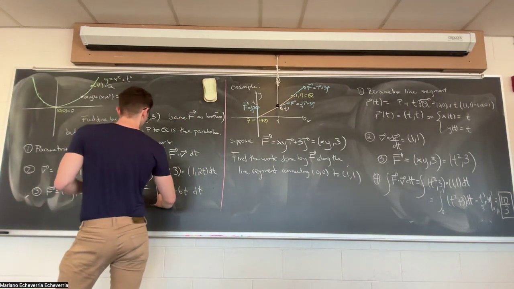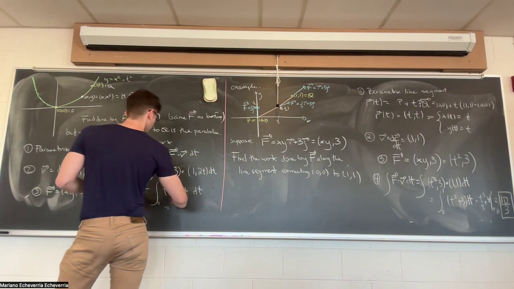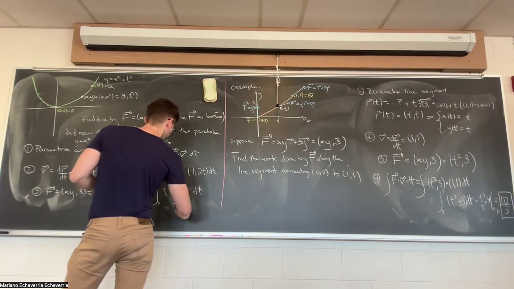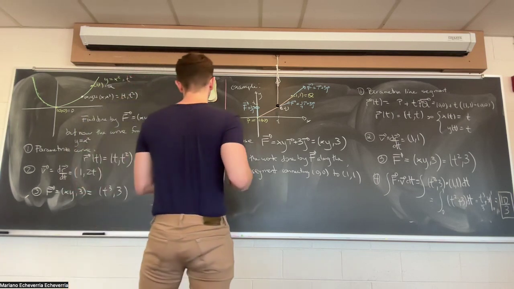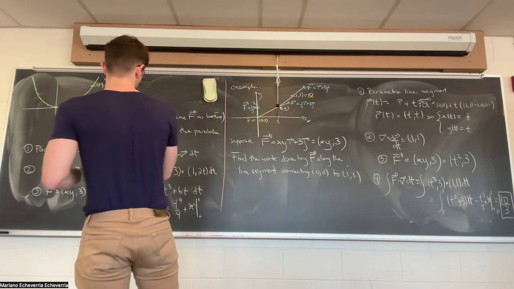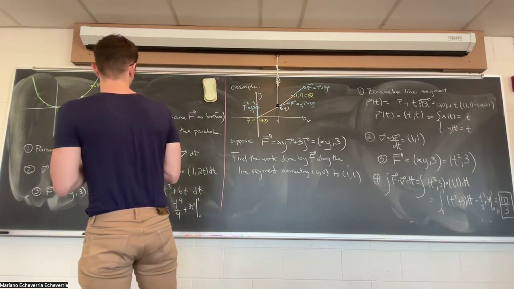So this is also an integral from 0 to 1. So that just gives you t to the 4/4 plus 3t², from 0 to 1, and what is that?